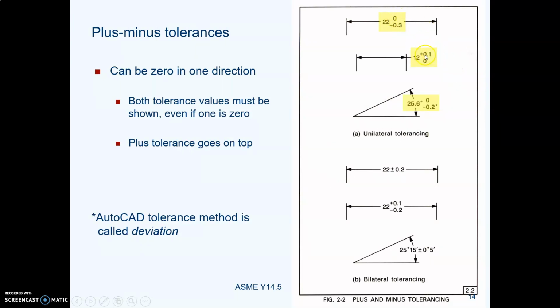You always put the plus, the bigger tolerance, on top, and it can be zero in one direction. It could be plus 0.1 minus nothing, or it could be nothing minus 0.3. But you have to give that zero even if it's zero. And when we go to AutoCAD, we'll see that they call this plus-minus tolerance the deviation method for some reason.